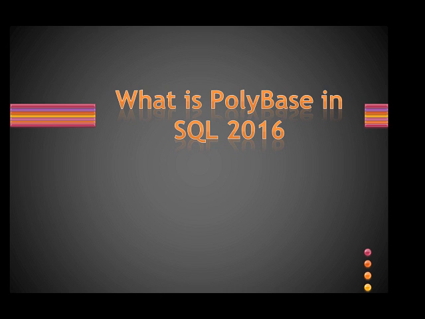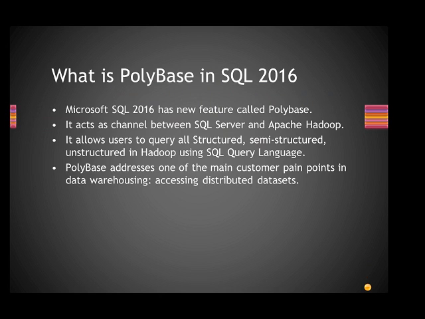So what is PolyBase? In Microsoft SQL Server 2016, there is a new feature called PolyBase. It acts as a channel or a bridge between your SQL Server and Apache Hadoop, and Azure also. It allows users to query structured, semi-structured, and unstructured data in Hadoop using your normal SQL query language.